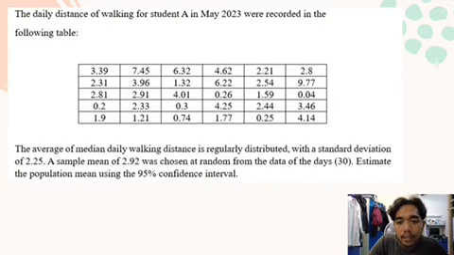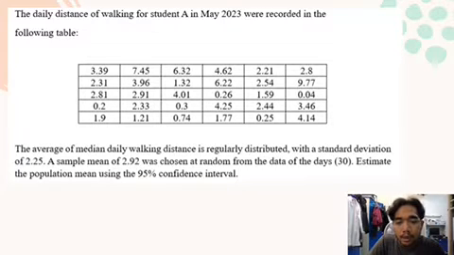Okay, next, the daily distance of walking for student A, which is Lechumi, in May 2023 were recorded in the following table. So we can see the total that we recorded is 30 days. The average daily walking distance is normally distributed with a standard deviation of 2.25.